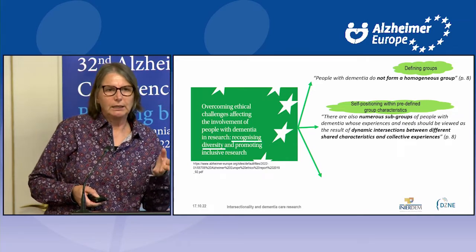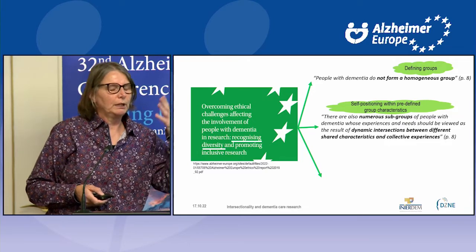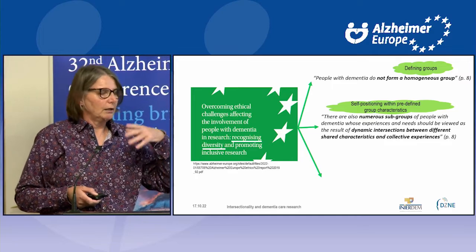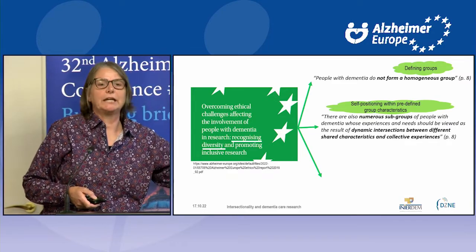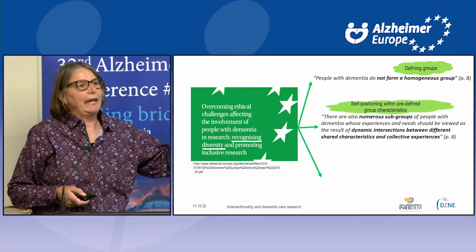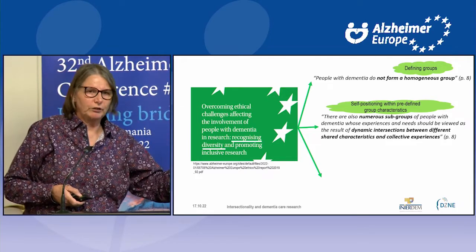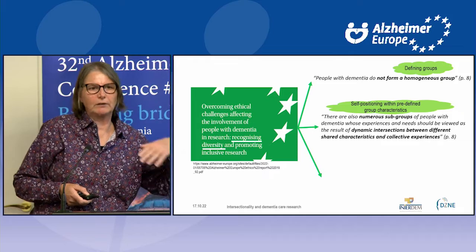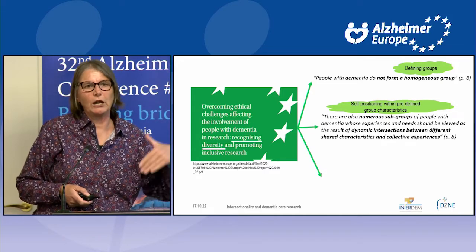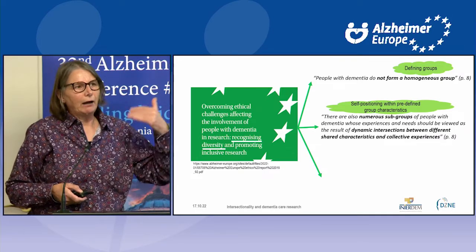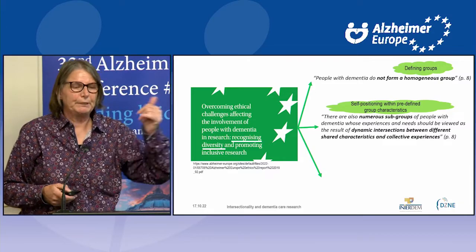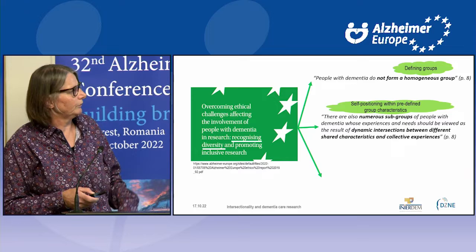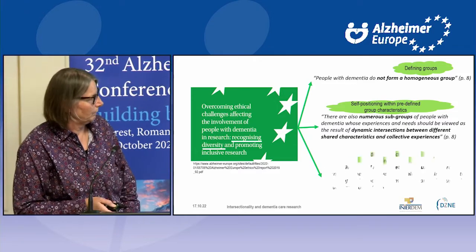So it could be that we say I have a subgroup, women with dementia, but the differences lie within the experience. And then we have to address what constitutes those experiences, and what constitutes the overlaps. How can I understand the overlaps or the differences, and what would that mean if I interpret the results of what people are telling me?